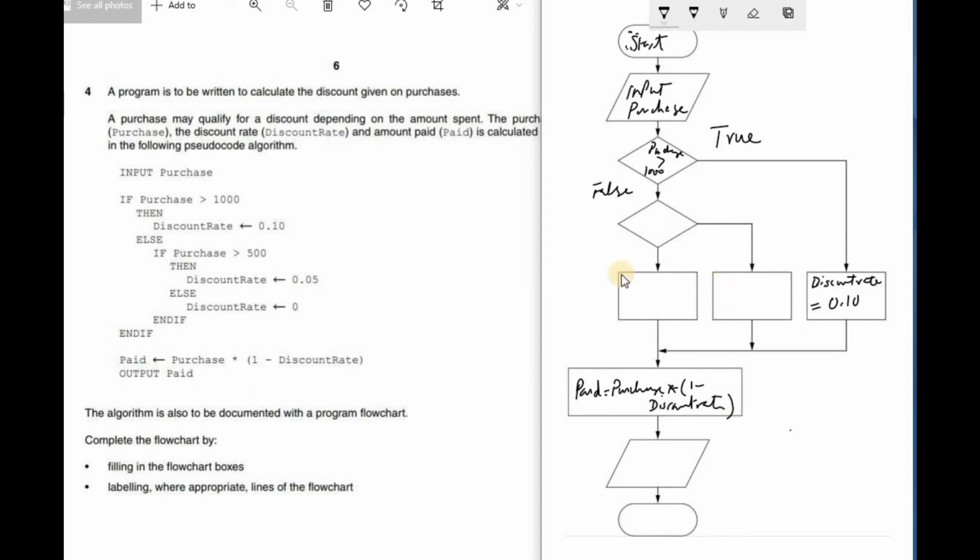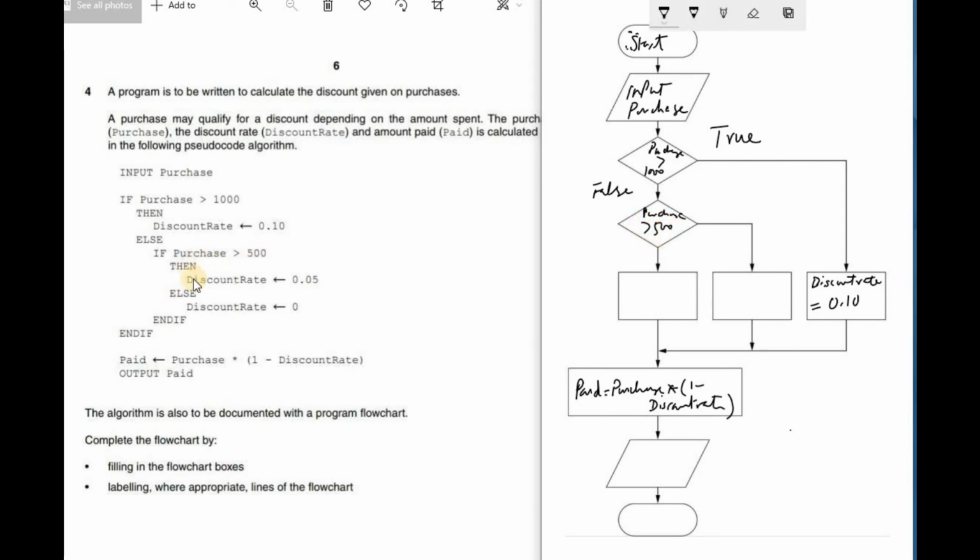Now these three boxes. Now you see, if the condition is false, if purchase is not more than 1000, in that case it will come here after else, and after else we have another condition, if purchase is more than 500. So we will write here purchase is more than 500.